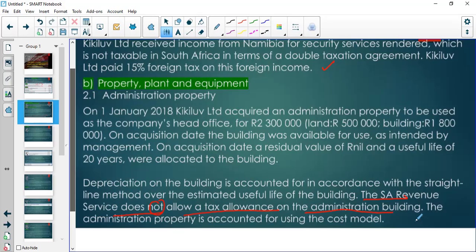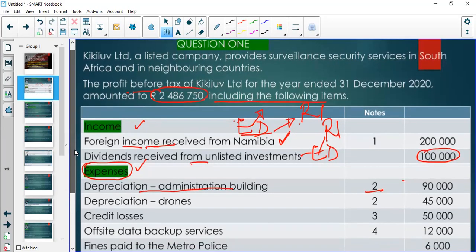And so what that means is that because there's no tax allowance provided, the accounting depreciation that applies to the buildings is going to be a tax exempt expense. It's going to be an exempt difference in the sense that it was included in the profit before tax, but SARS does not want that. All right, does not accept that. So we have to reverse that because there's no tax allowance allowed in this particular case. All right, so that's going to also be a tax exempt item or an exempt difference.